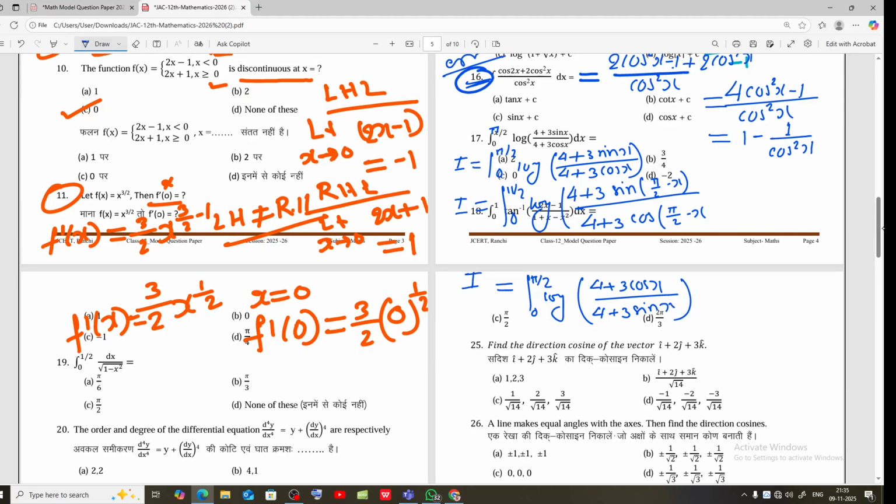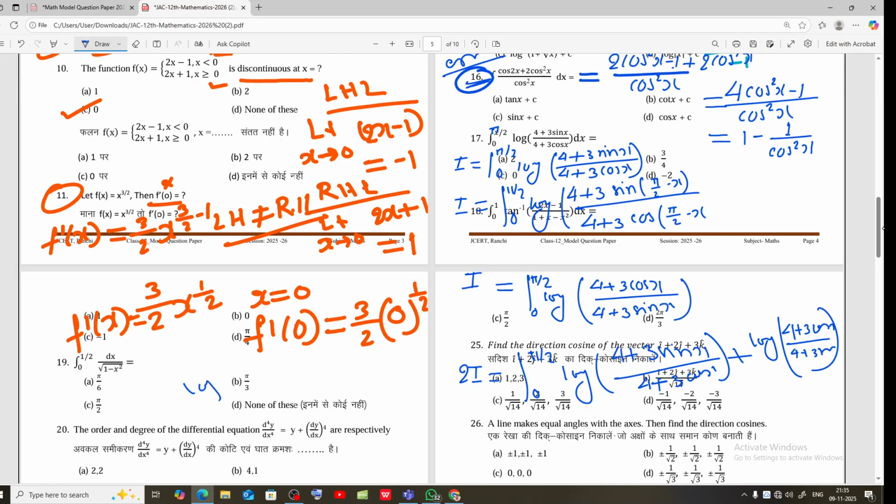Now adding 1 and 2, that means 2I equals the integral from 0 to pi by 2 of log of 4 plus 3 sin x divided by 4 plus 3 cos x, plus log of 4 plus 3 cos x divided by 4 plus 3 sin x.